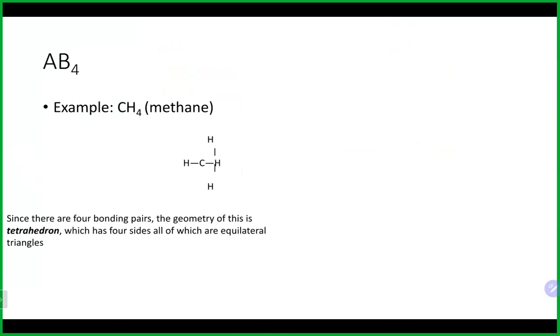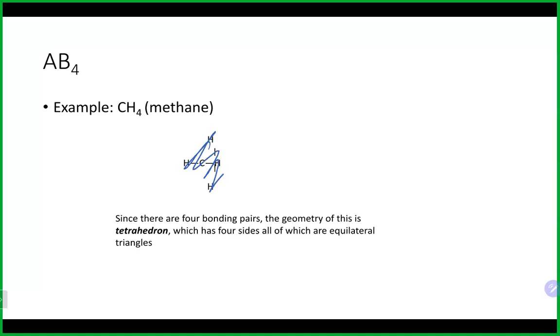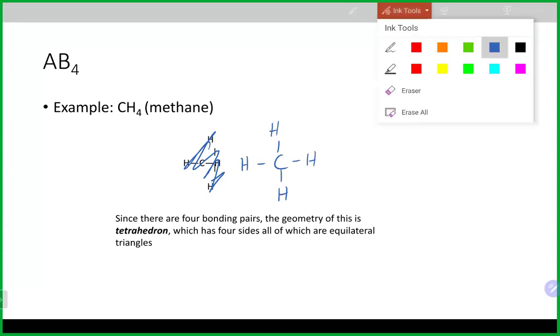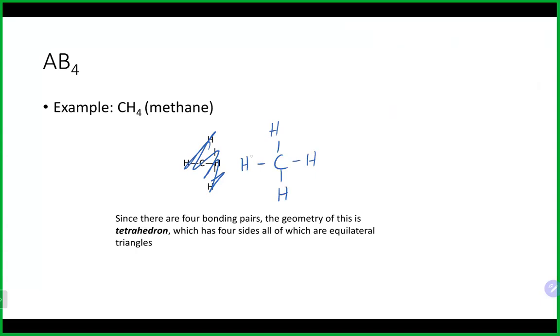The next geometry that you're responsible for is something like this, which is clearly messed up badly. Let me redraw that. In this particular case, once again, we're going to go to the center atom, and it's right there. The number of electron pairs on the center atom is 1, 2, 3, and 4 electron pairs.